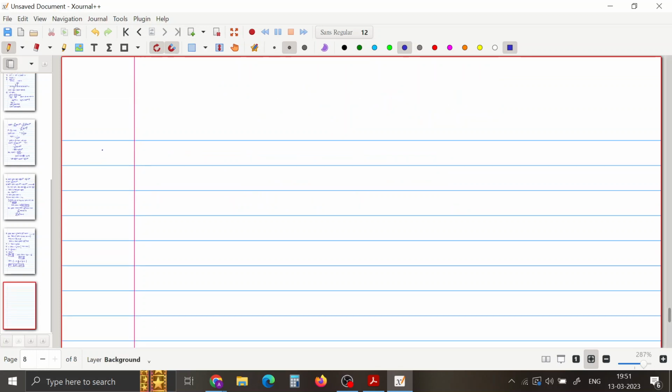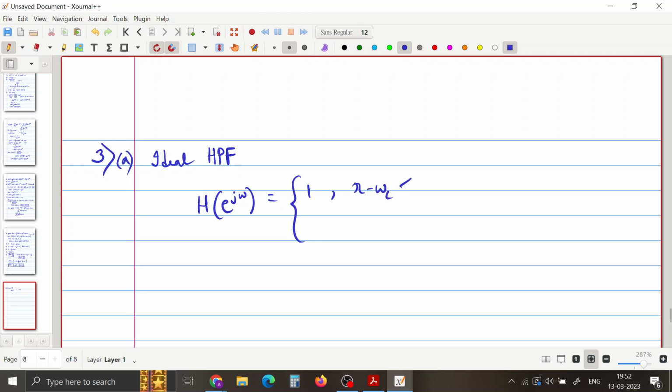So we are discussing the third question, and we're looking at part A. Ideal high pass filter. So this is given, and this is 0 otherwise.